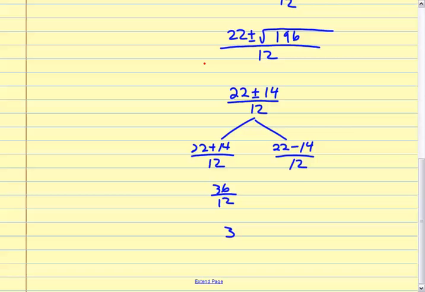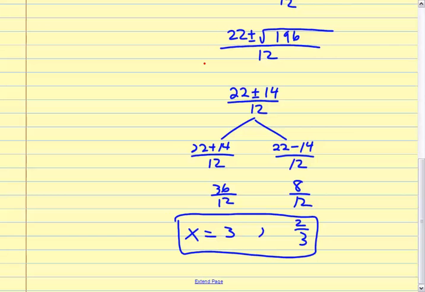And 22 minus 14 is going to be 8 over 12, which is 2/3. So x is equal to 3 and 2/3. Not the mixed number 3 and 2/3, but the number 3 and the number 2/3. That's our solution. Beautiful, guys.